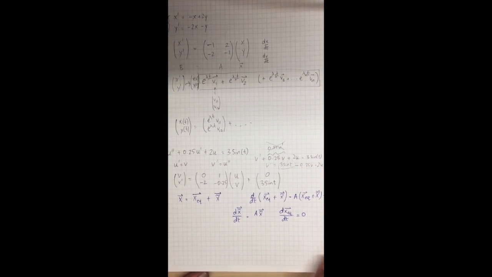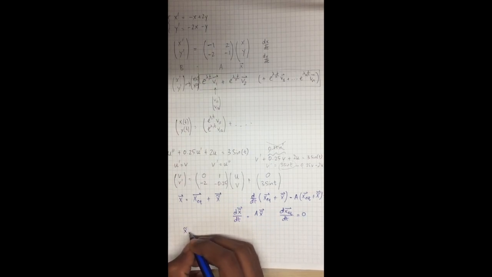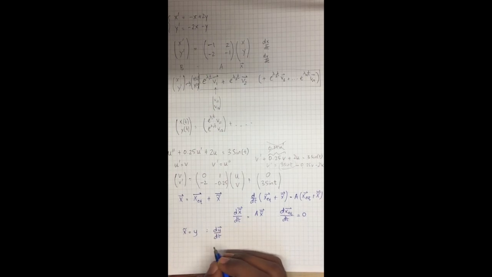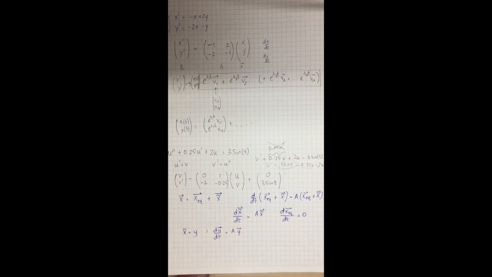Now, I'm just going to use a different term here because I'm not comfortable using the tilde every time. If I take x tilde as y, then I get dy over dt, which is a vector, equal to the matrix A times the y vector.